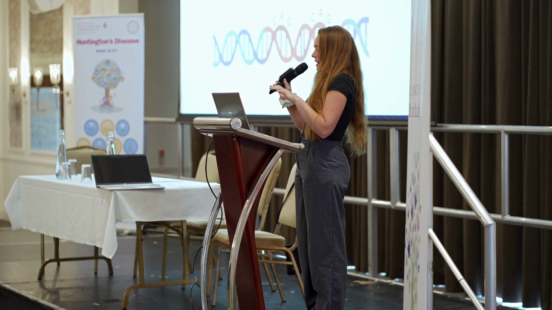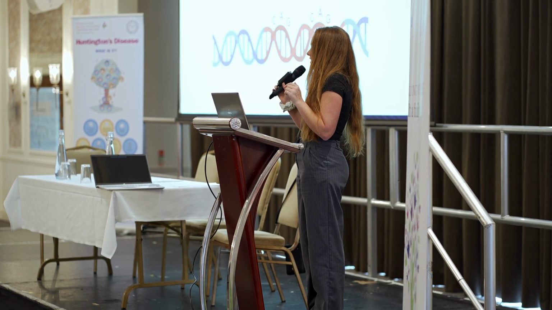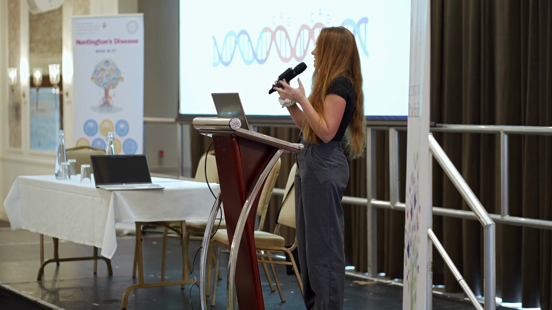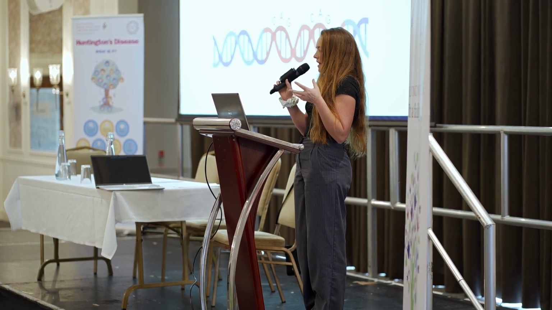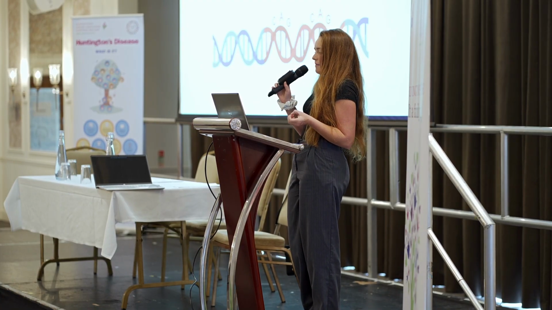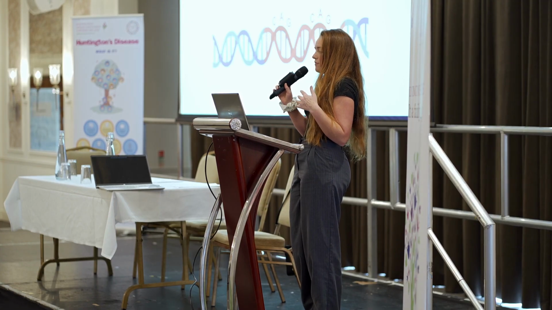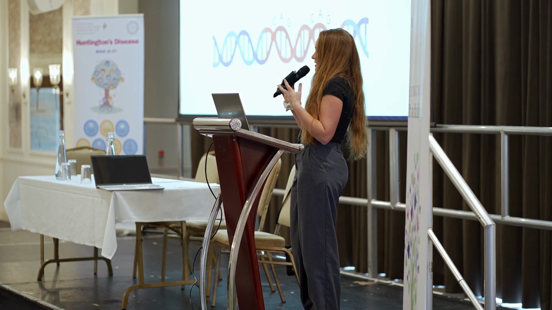By doing that, they were able to find areas of the DNA and specific genes which were linked to either an earlier or later disease onset. And they found that loads of these genes they identified were involved in DNA damage repair.